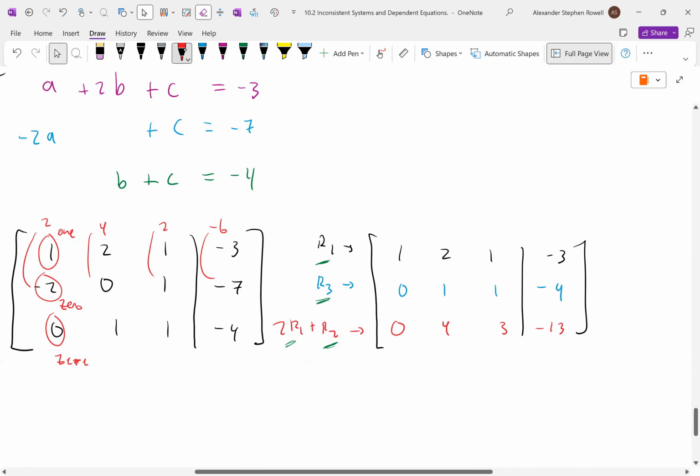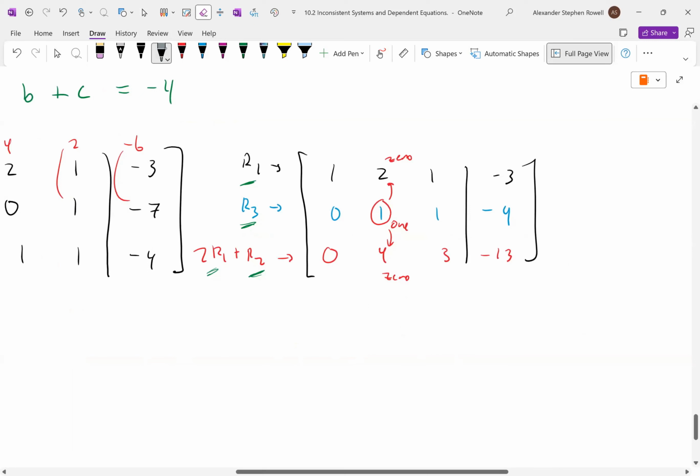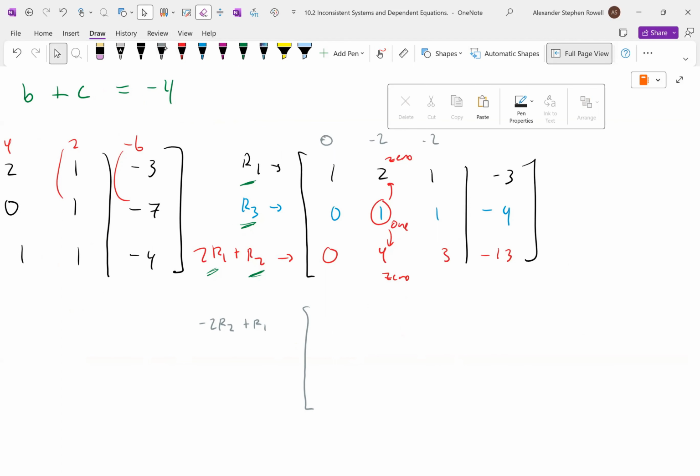Okay, the next step. I want this to be a 1, it is. And I'm going to use that to make this a 0, and use that to make this a 0. So the top row, I'm going to do -2 row 2 plus row 1. So -2 times row 2 would be 0 times -2 is 0. -2 times 1 is -2. -2 times 1 is -2. And -2 times -4 is +8.